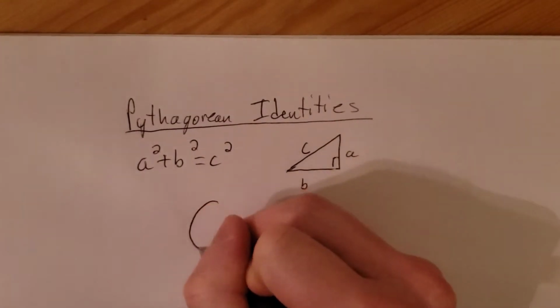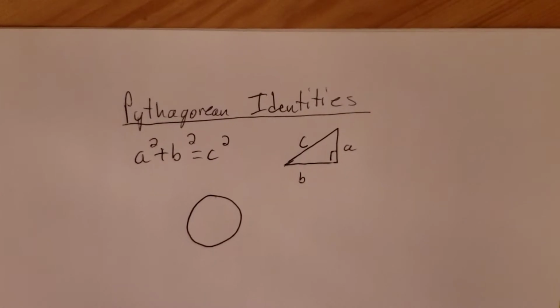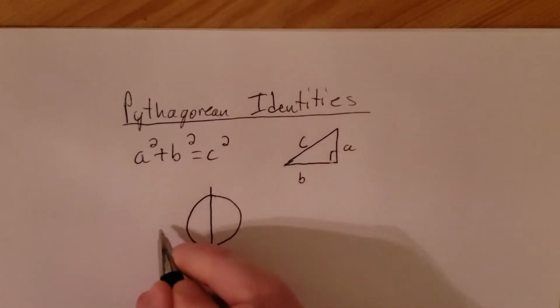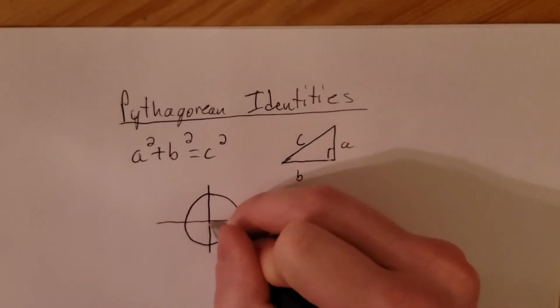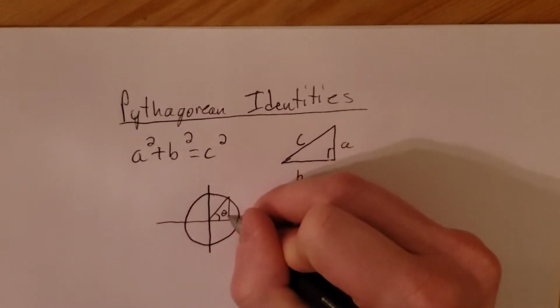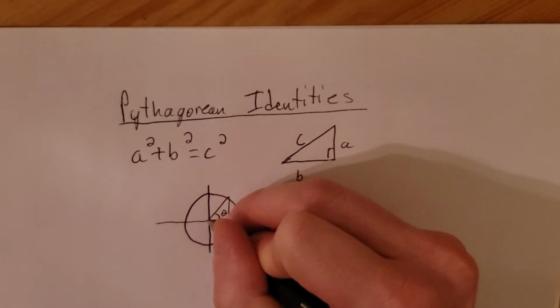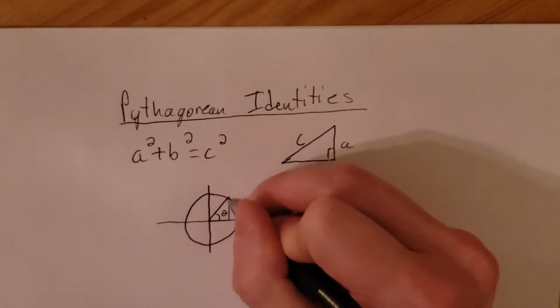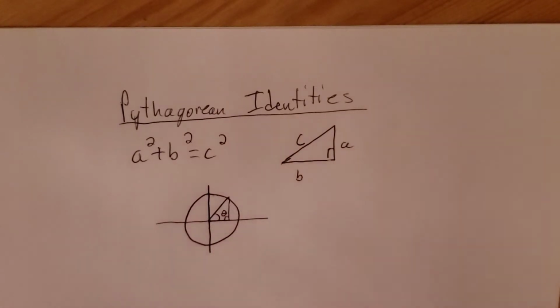If we draw down a unit circle here, we might recall that for a given theta, we can look at the triangle for that theta. If we look at this triangle, this is a right triangle.